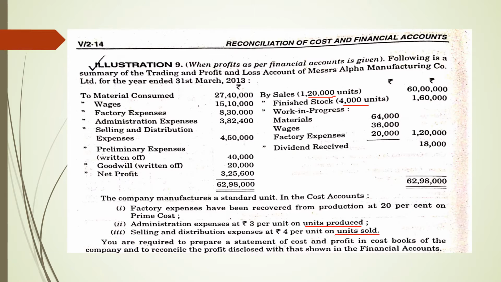We know that units sold are 1,20,000. Per unit selling charge is 4. That means for 1,20,000 units, selling and distribution overhead recovered is 4,80,000, to be shown in the cost account. Is it clear?